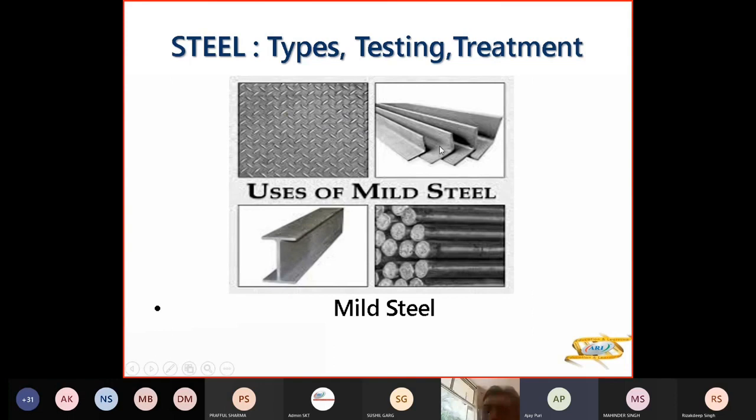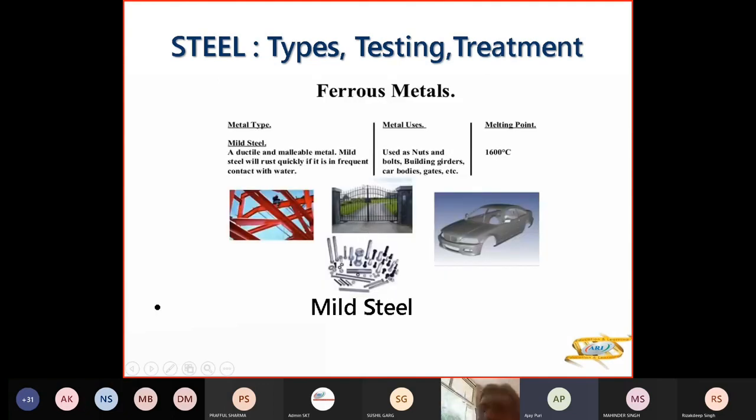These are angles made of mild steel, or longitudinals made of mild steel. Your girders, this is a T-shaped girder made of mild steel. Bars made of mild steel. So that's the uses of mild steel. Here you have nuts and bolts made of mild steel, your fences, your car body made of mild steel.